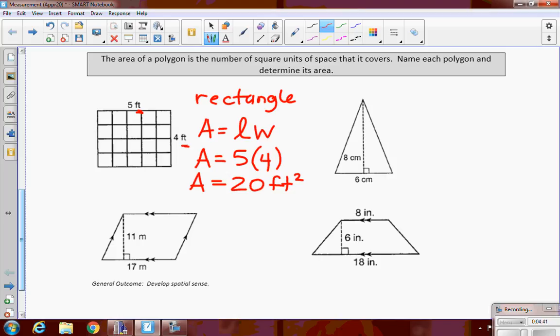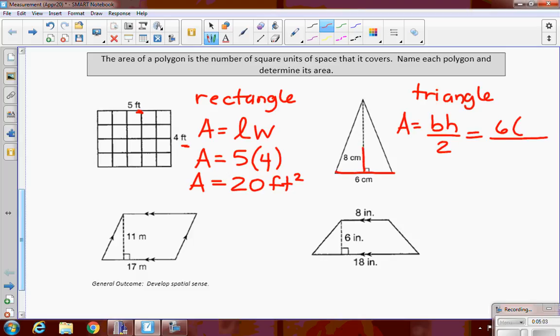Moving next to it, this is a triangle, and the area of any triangle is the base of it times the height divided by 2. The base of this triangle is down here, what it's sitting on. So this is 6 times the height.